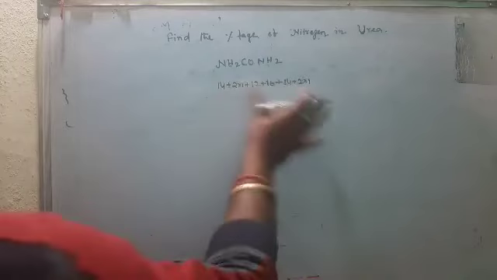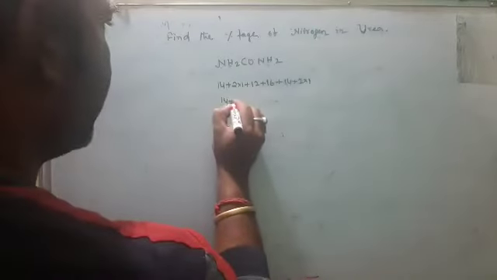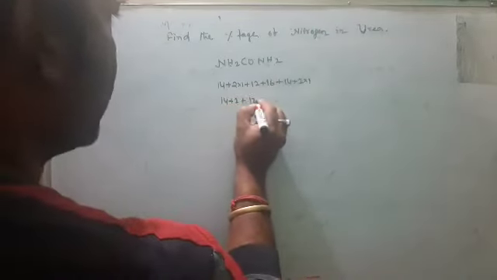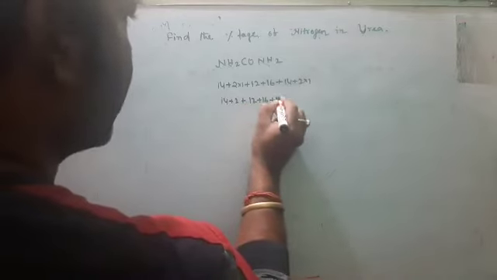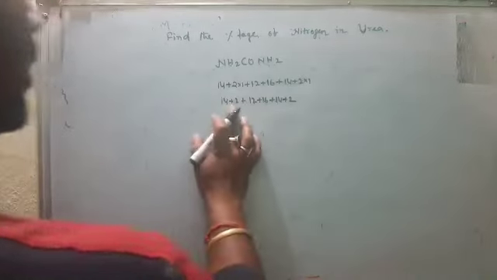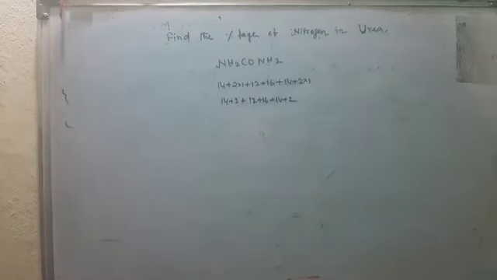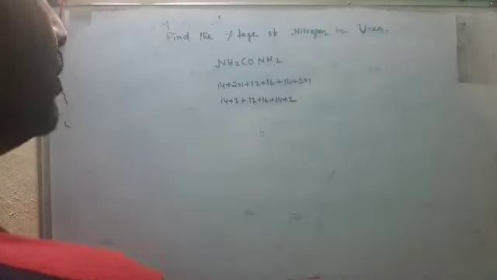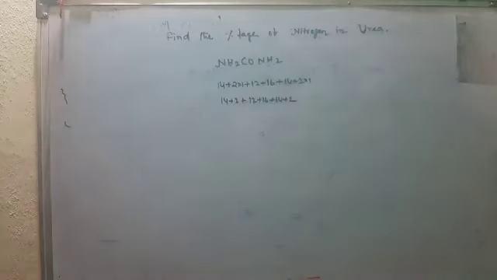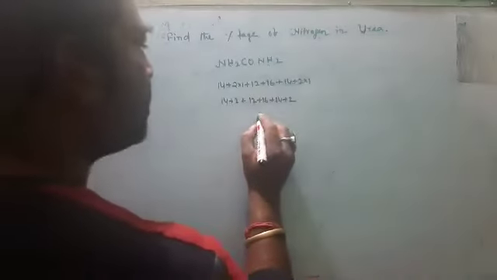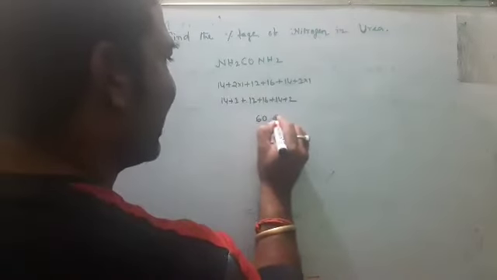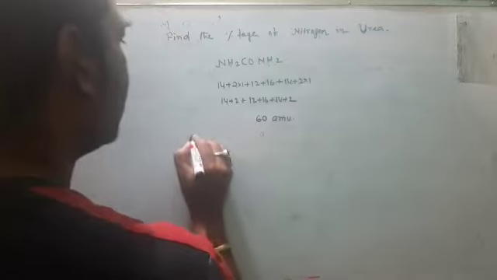So it is 14 plus 2 plus 12 plus 16 plus 14 plus 2. 14 and 2 is 16, 16 and 12 is 28, 28 and 16 is 44, 44 and 14 is 58, 58 and 2 is 60 AMU.